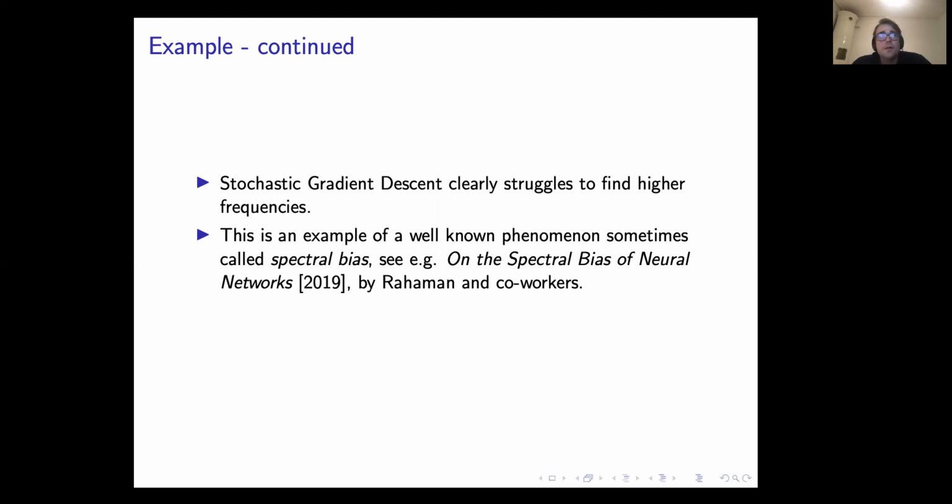But I think the name spectral bias is fairly recent. Some people claim that this is one of the reasons why neural networks work as well as they do, because this also has the effect of regularizing the trained function, because effectively you're ignoring high frequencies. But for our purposes, it's a problem, it's not a feature.